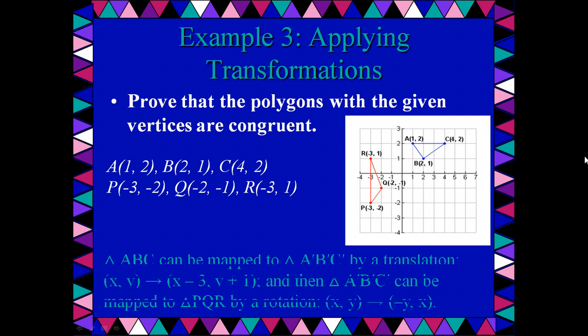Well, ABC can be mapped to A prime, B prime, C prime by a translation, (x - 3, y + 1), and then A prime, B prime, C prime can be mapped to PQR by a rotation of (-y, x). So we have taken this and moved it over 3 and up 1, and then we've taken it and rotated it around.